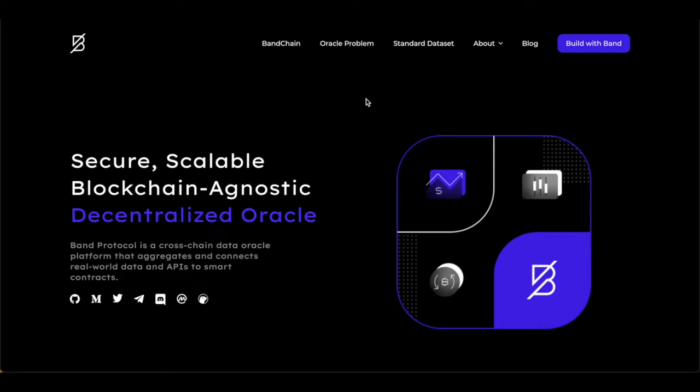Now, the BAN protocol represents one way to bring that external data safely and securely to the chain environment. In the simplest form, in summary, that is what BAN protocol is, and that is what they're trying to accomplish.